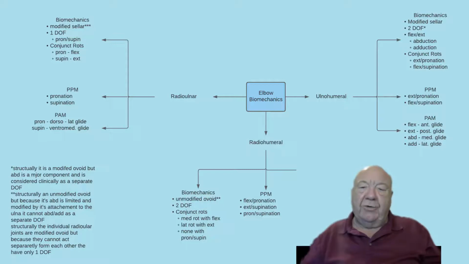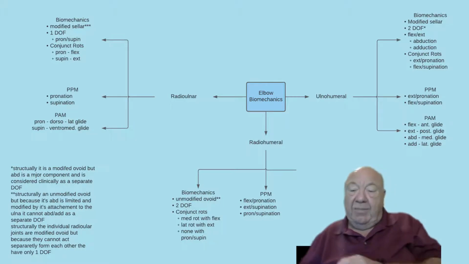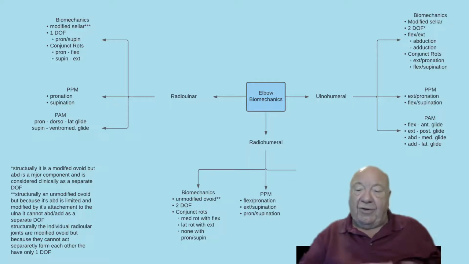For pronation and supination, there is no glide because it's a spin. So your test for this ability to spin is distraction. And you can either do that with the capsule tightened up in the direction that you're interested in, say pronation, and then feel the end feel for that distraction and then the amount of movement, and then compare it to the other side and see if you get the same end feel and movement there.